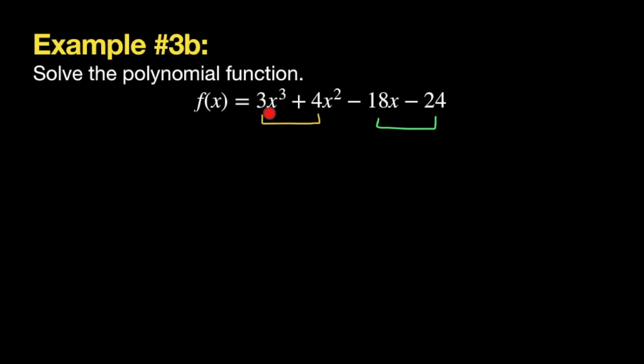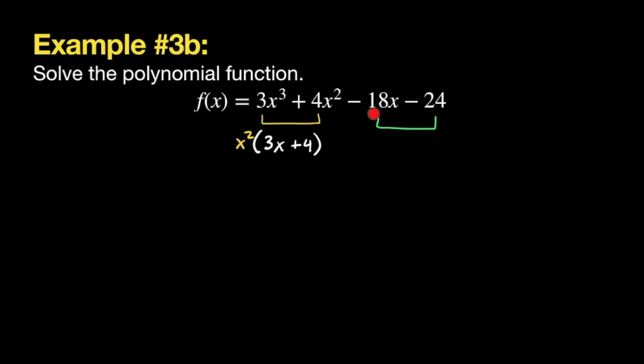But for x to the third and x to the second, we are able to factor out an x to the second. And then we're left with 3x plus 4. So our numbers didn't change in this case. We kept the 3, we kept the 4.